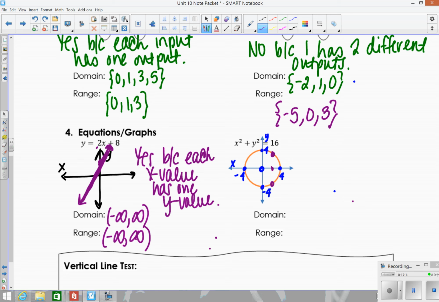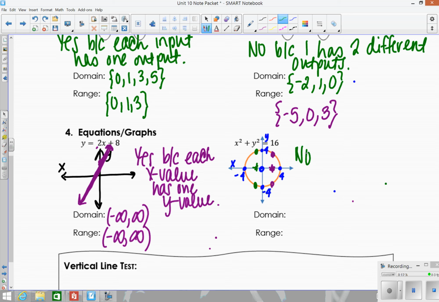So that means for this one input, I have two outputs. So that tells me it's not a function. I could also do the same thing over here. Let's say I start with negative 1. At x equals negative 1, I have this y value, and I have this y value. So I, again, have another x value with multiple outputs.